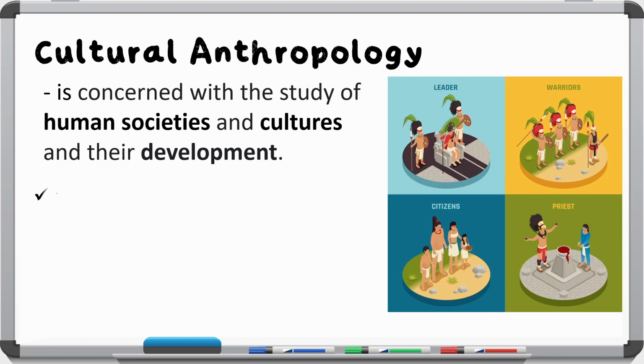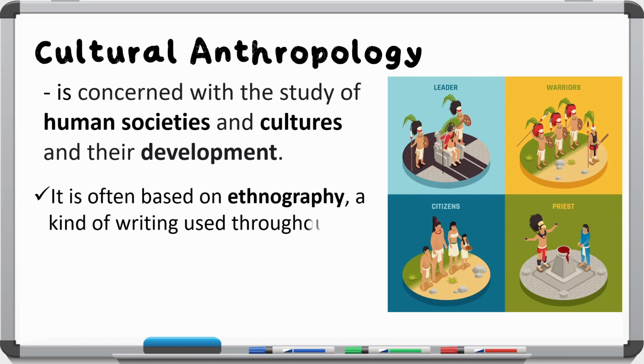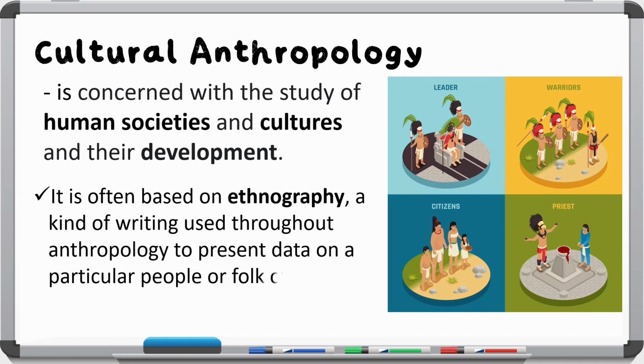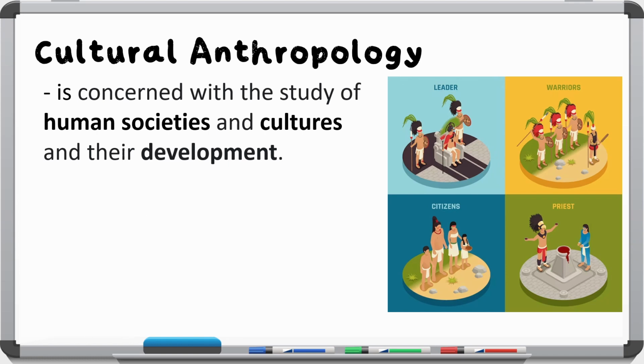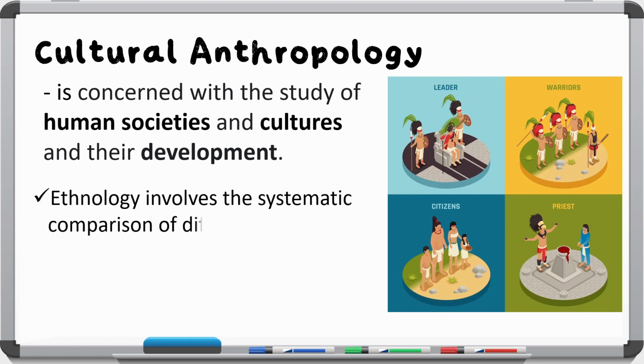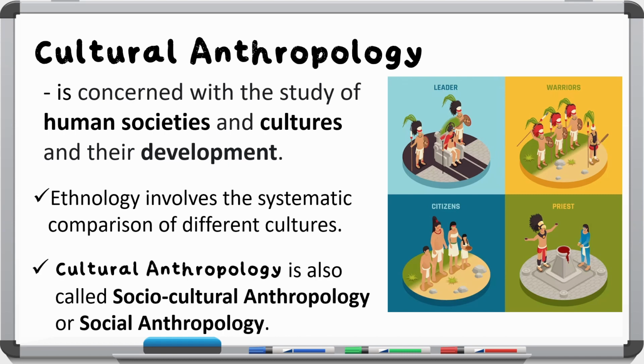It is often based on ethnography, a kind of writing used throughout anthropology to present data on a particular people or folk, often based on participant observation research. Ethnology involves the systematic comparison of different cultures. Cultural anthropology is also called socio-cultural anthropology or social anthropology.